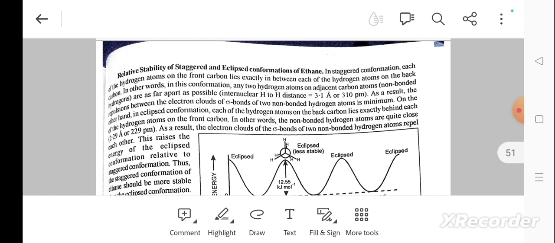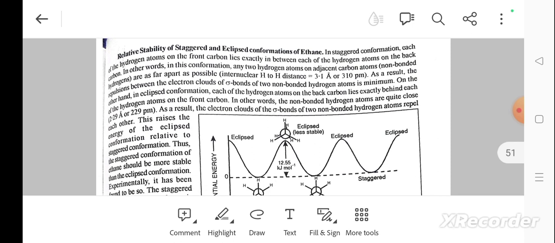The internuclear distance between two hydrogens is equal to 3.1 nanometers. As a result, the repulsion between the electron clouds of the sigma bonds of the two non-bonded hydrogen atoms is minimum.